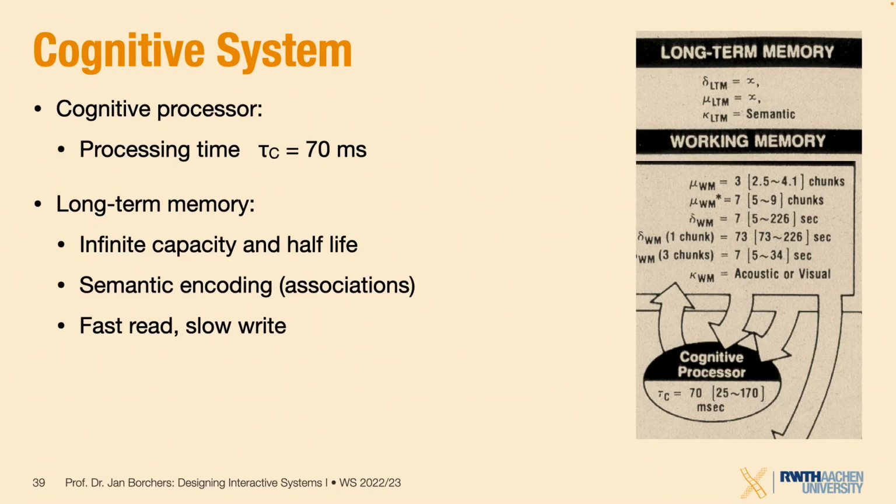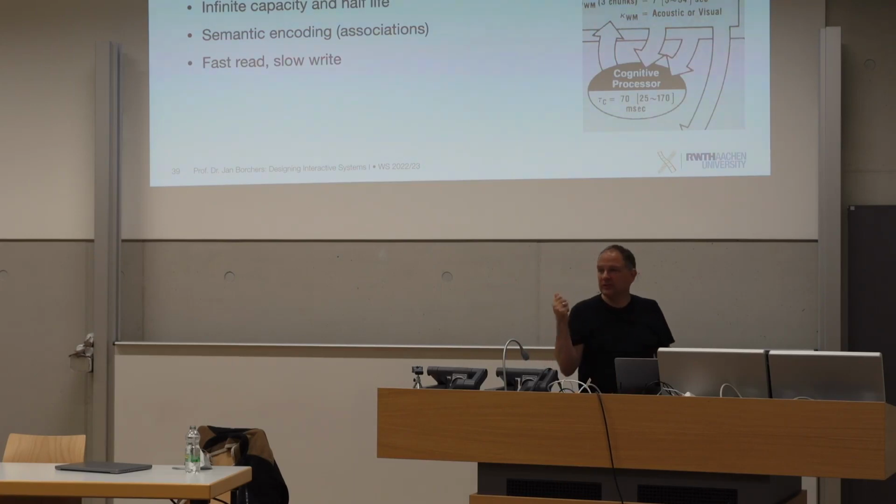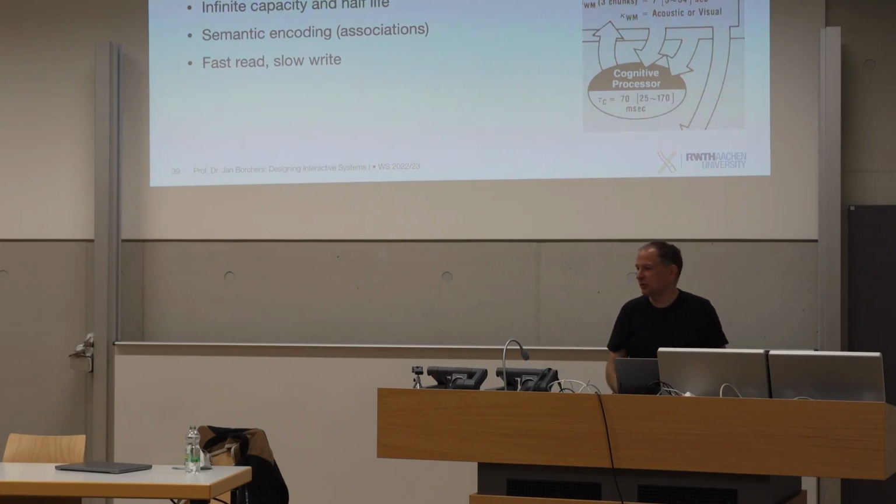But knowing this actually explains a couple of behaviors. For example, what do you do when you need to remember a really stupid number that you cannot remember? Like, I don't know, your passport number.